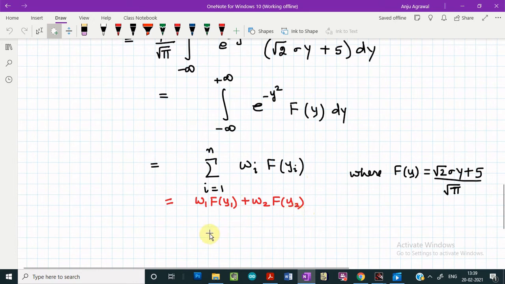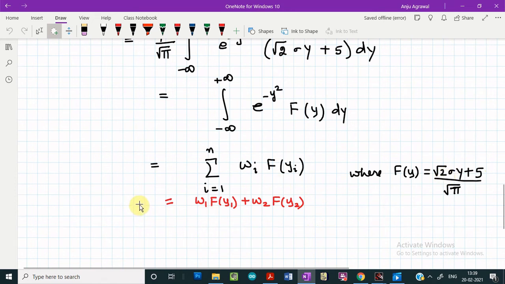So the given integral can be approximated by this, where the function f(y) is like this, and we know the values of w1, w2 as well as y1 and y2. Using these values and substituting here and simplifying, we can solve the integral.